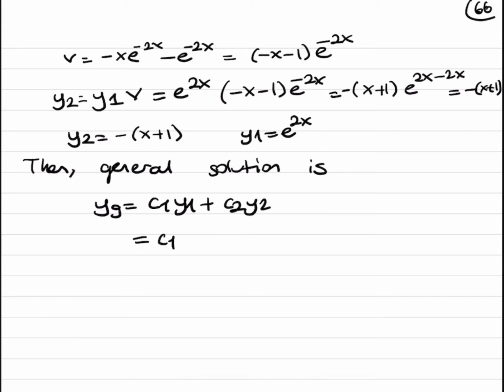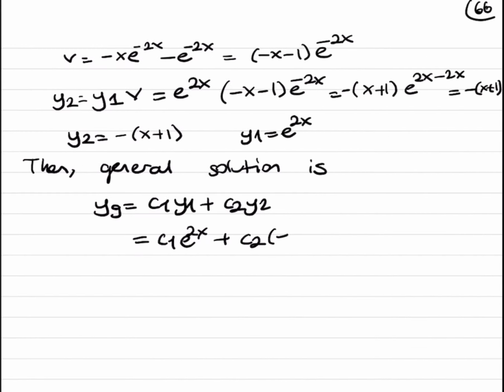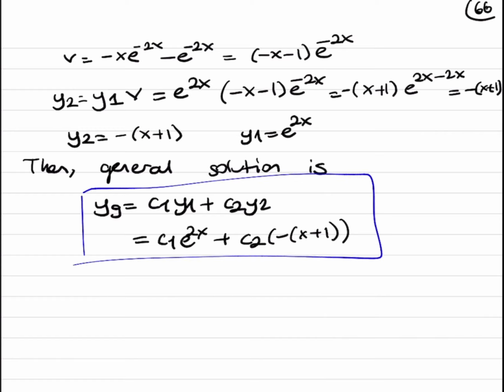So it is c1 e to the power 2x plus c2 times minus x plus 1, or you can write c1 e to the power 2x. Yeah, great, you can leave it like this. Okay, this is the general solution. Great.